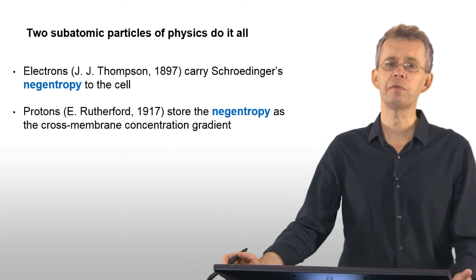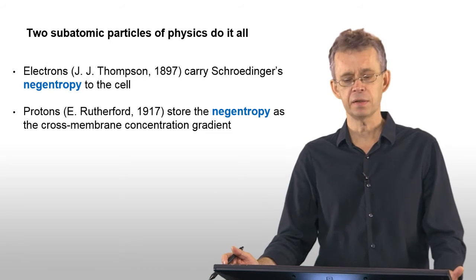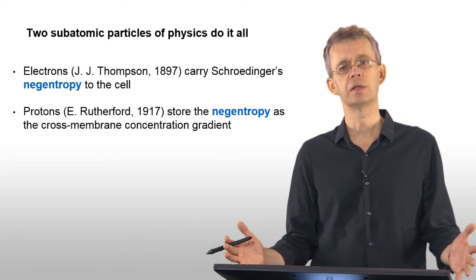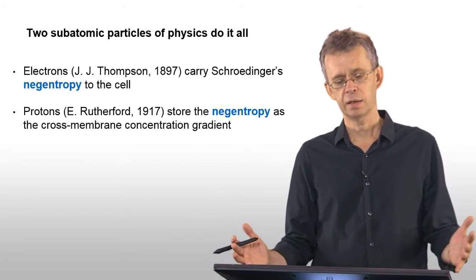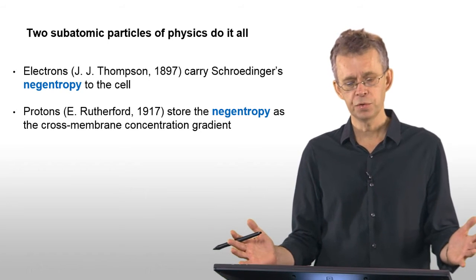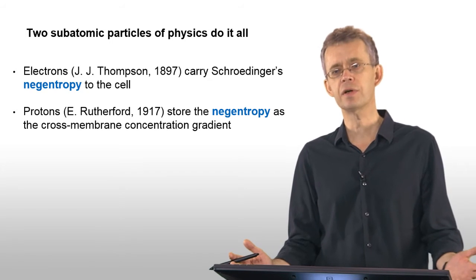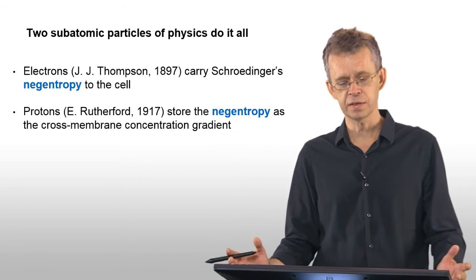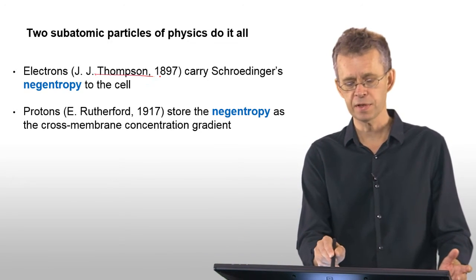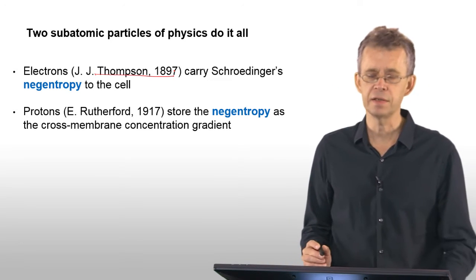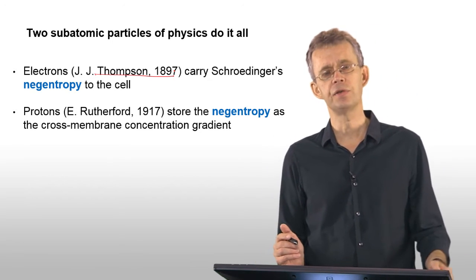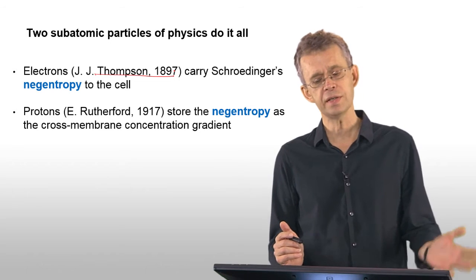But most remarkable from all this observation is that all the complexity of the biology that we know of essentially comes down to two subatomic particles of physics. So electrons are small particles found by Thomson in 1897, carry the negative charge from outside the membrane to inside the membrane.